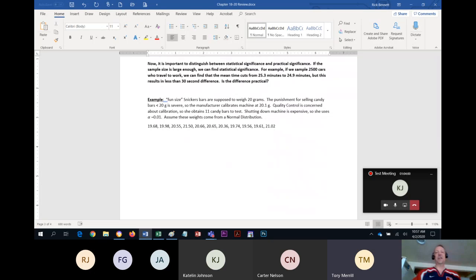Is mu 20.1? You guys are always playing Jeopardy with me here. You're supposed to say the mu is. Now this one's a little bit of a tricky one. Are we comparing it to 20.1 or are we comparing it to the label weight?